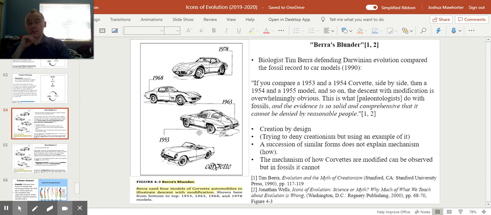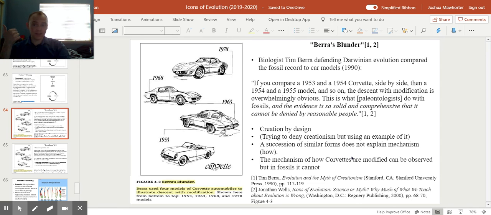We can see similarities and recognize that, going back to an earlier model, they came from a common source. So his example points out a type of creation by design, and he's trying to deny creationism by using an example of it.